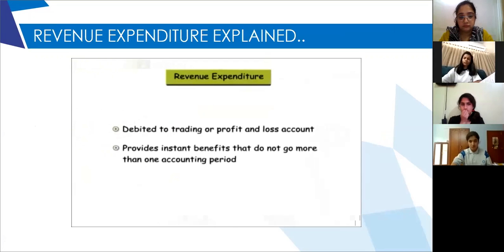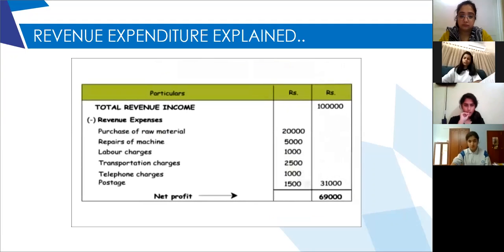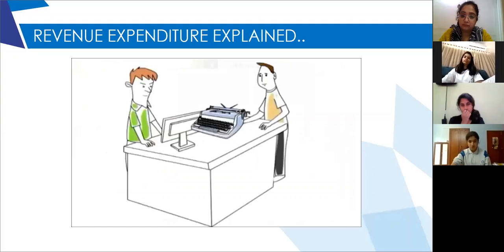The benefit of such expenditure is usually instant and cannot be said to go beyond one accounting period. Thus, we can say all expenses which are incurred to run the business are revenue expenses. For example, telephone charges, postage, repairs, purchase of material and goods, etc.